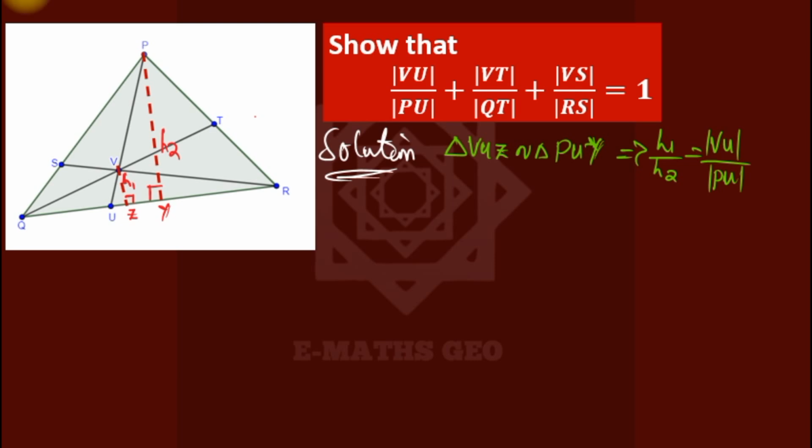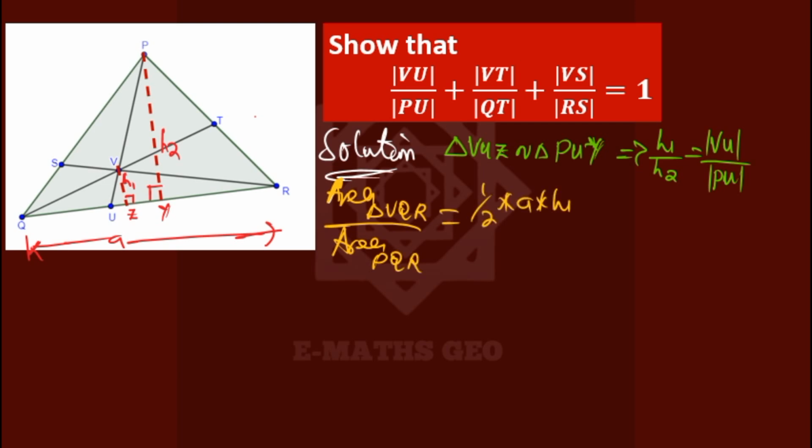Now, they have a common base. Let's call the common base of triangle VQR and triangle PQR A. So the ratio of the area of triangle VQR to that of PQR is equal to half times the base A times the height H1, over half times the base A times the height H2.